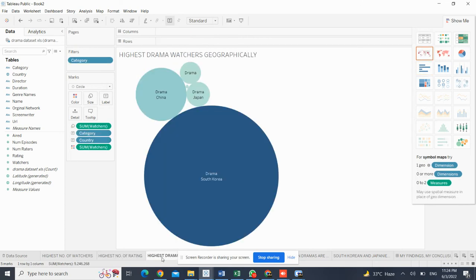In the third sheet, I tried my level best to describe them geographically.